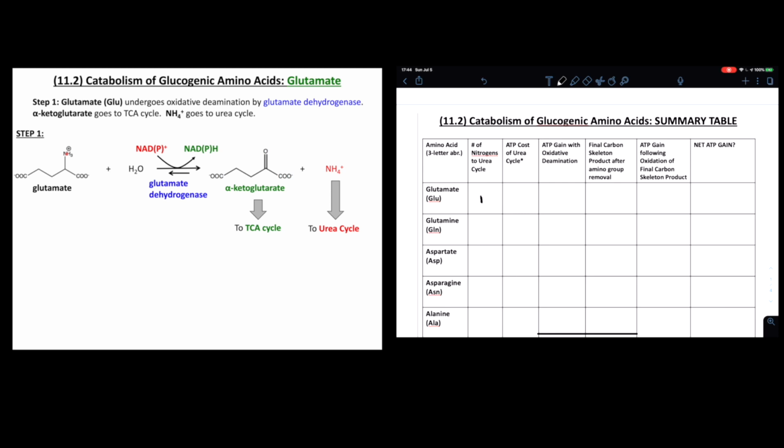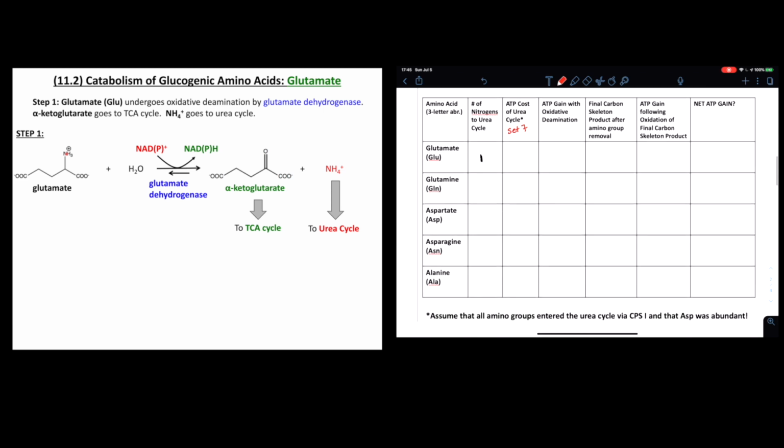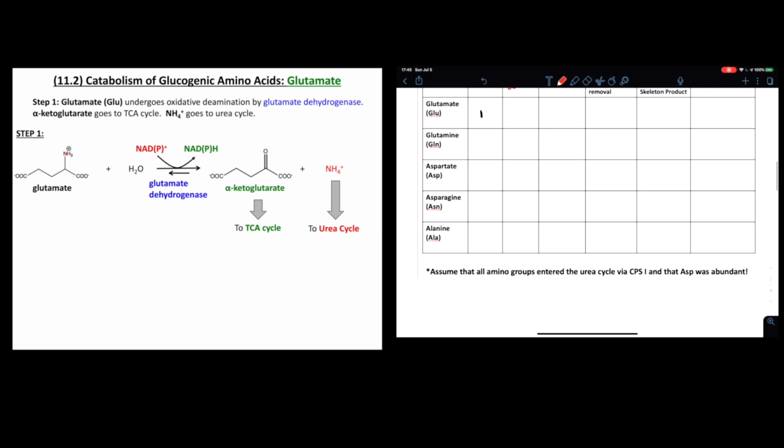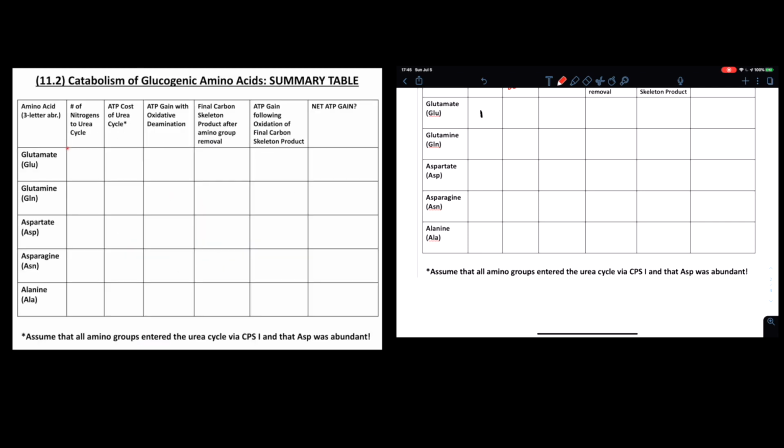So this goes back to our set 7, okay? So let's write down, this is from set 7. And it says at the bottom of the table that we assume that all amino groups enter the urea cycle through CPS1 and that aspartate was abundant, right?